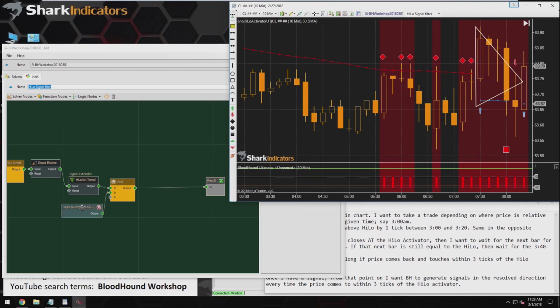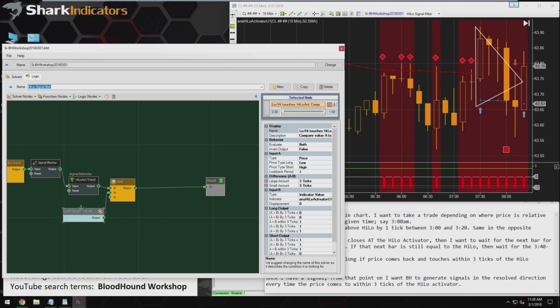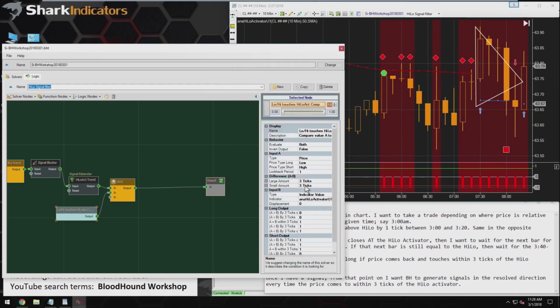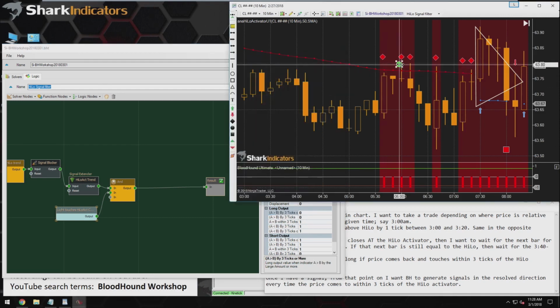So what we'll do is improve our little price comparison. Remember, right now that solver is looking at the high of the bar and checking to see if the high is within 3 ticks, or did the high punch through the high-low activator? Is it above it? But what we also need to check is that the low of the bar is still below the indicator.